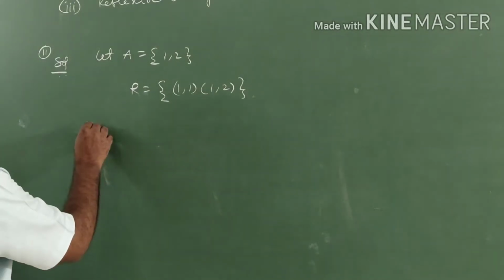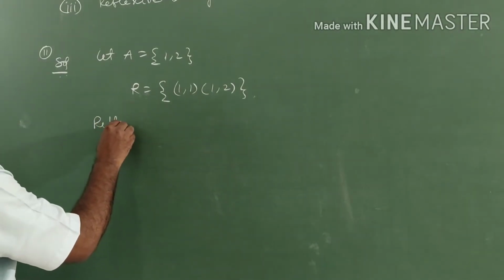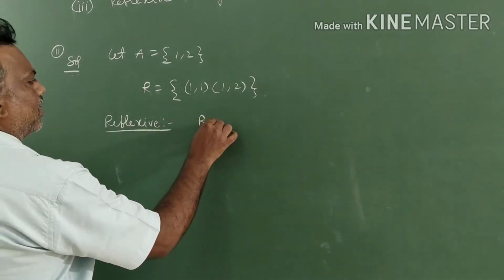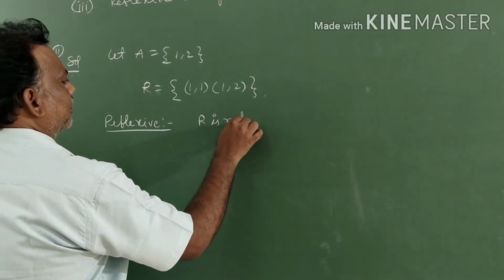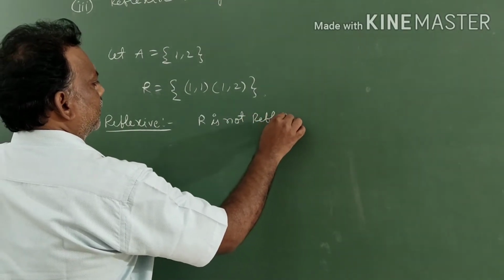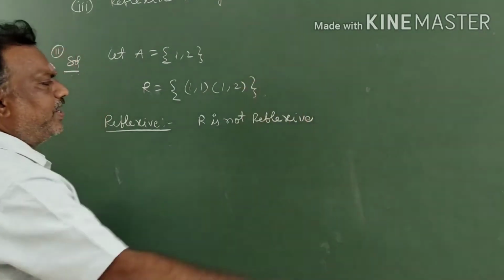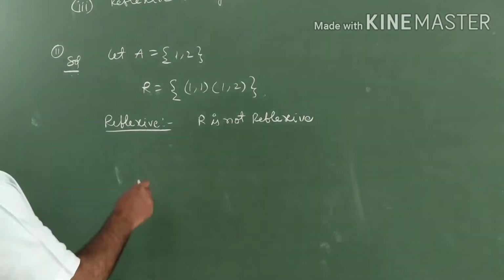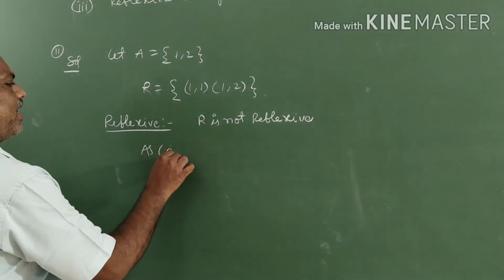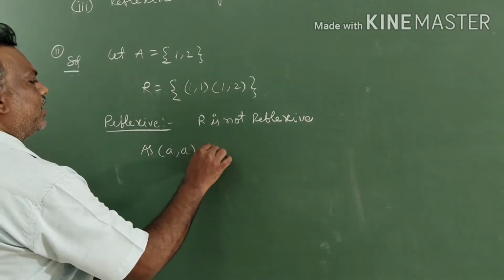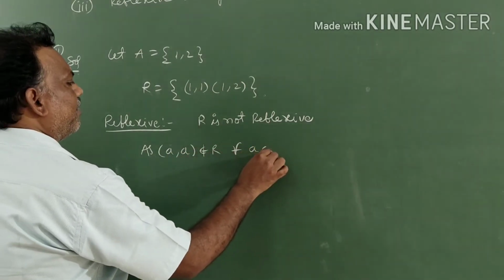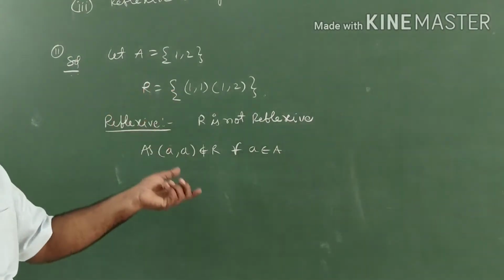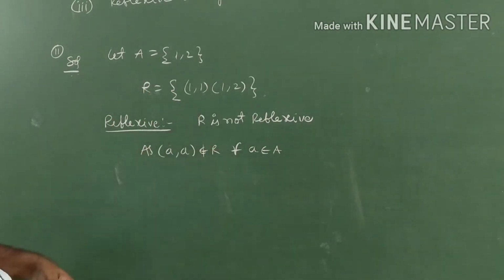Right students? Reflexive. R is not reflexive. If it is not reflexive, you have to give an example as (a, a) does not belong to R for some small a belongs to capital A. That means you can give an example of which pair does not belong to it.